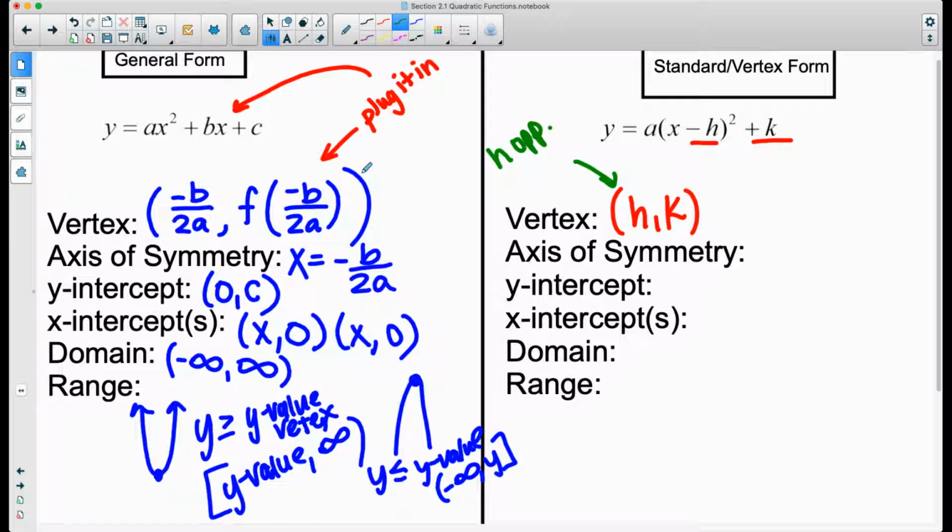So if H is -5, then the part of your vertex is going to be a +5. If H is -6, it's going to be a +6. Or if it's a +6, it's going to be a -6. H is always going to be the opposite. Axis of symmetry is still our x value of our vertex, so x equals H.